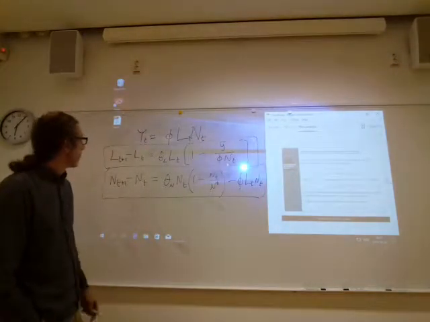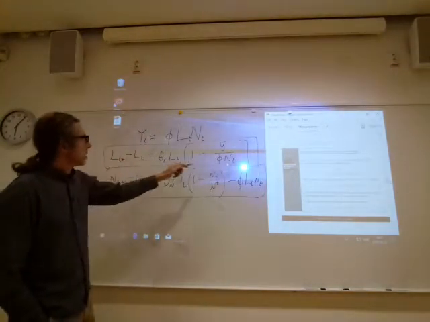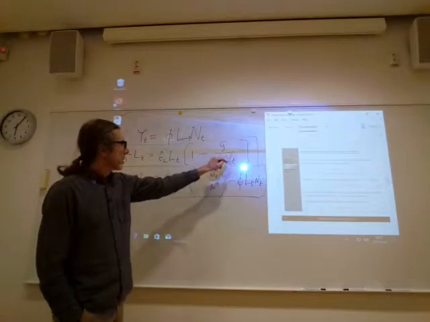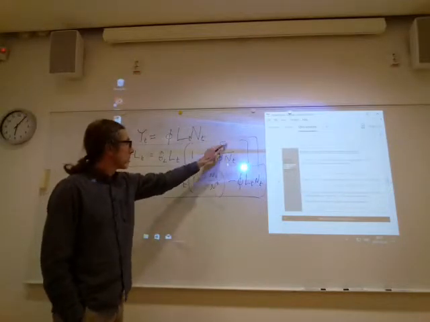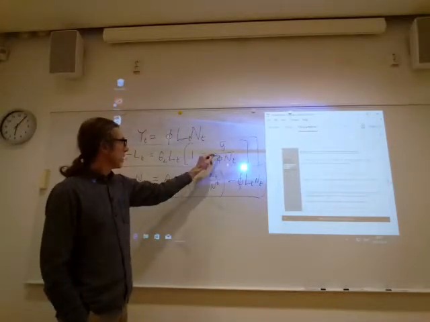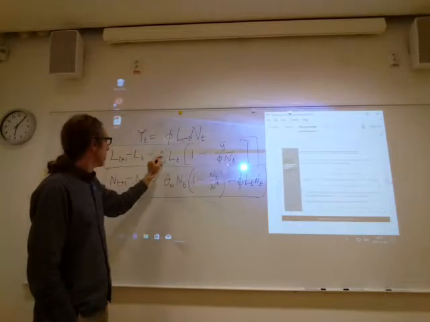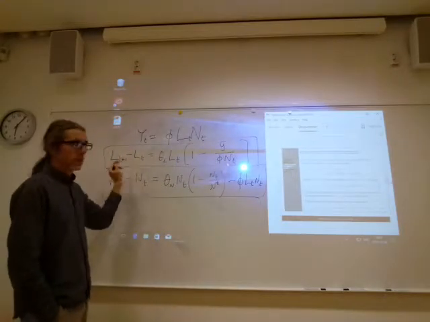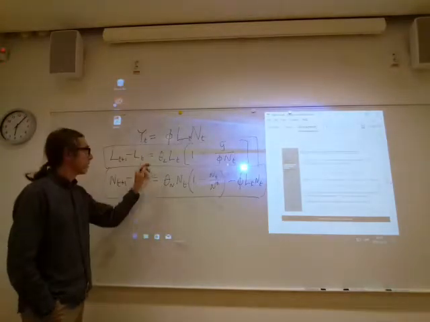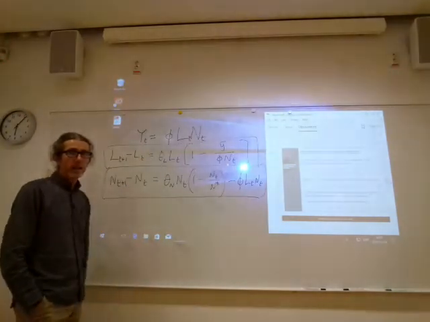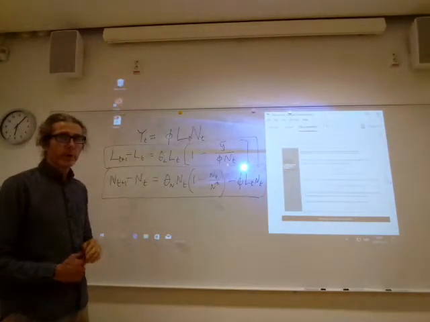What happens? So n is initially large, which means this is small. 1 minus this is quite close to 1, which means you have rapid population growth, close to the maximum possible, which is theta L percent per year.